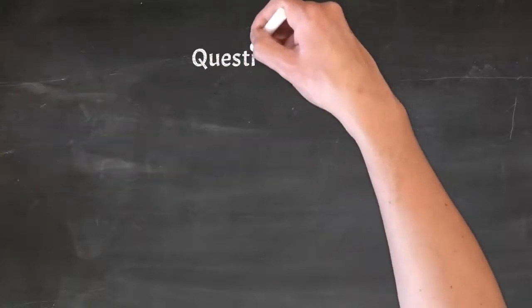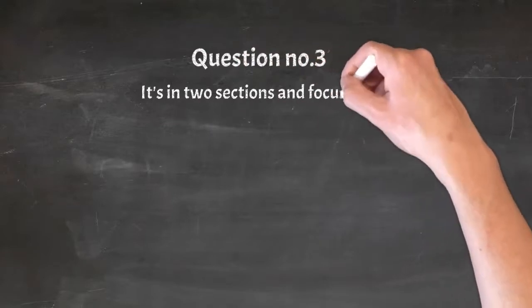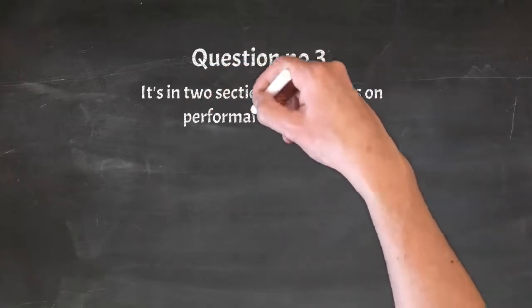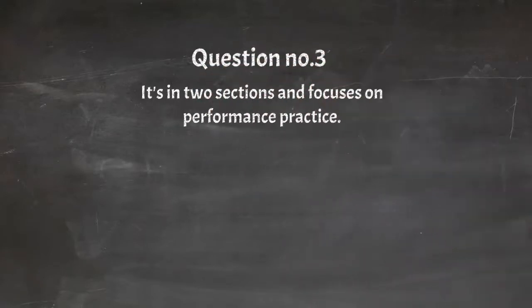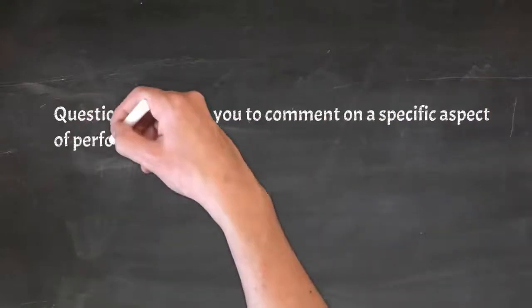Now, moving on to question number 3. This question is in 2 parts, and in total it has 15 marks and is based on performance practice. You will be asked to compare 2 performances of the same music in this question. Question 3a will ask you to comment on a specific aspect of performance practice.